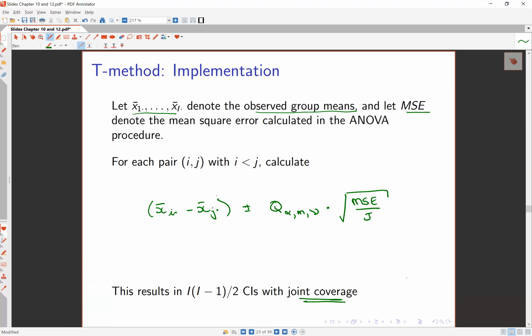And then their joint coverage will be 1 minus alpha.